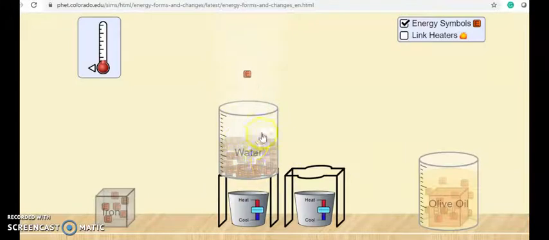So this is the transfer or the flow of energy from one object to another. So if I want to take away this energy, that means I cool the water, so the thermal energy is transferred from the hot water to the cold ice. You can see this is an example of heat.